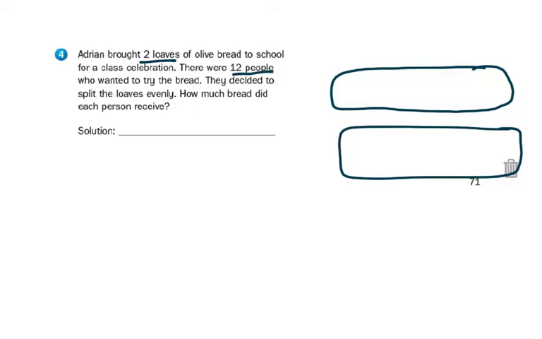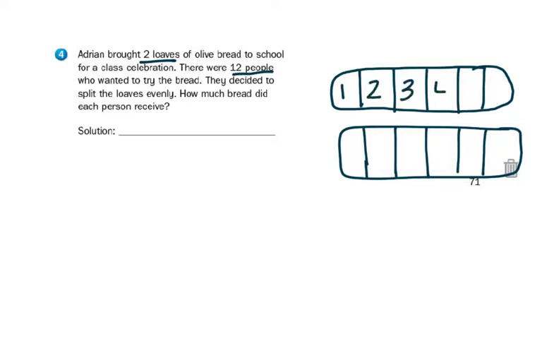So if I divide the first one into 6 and the second one into 6, 6 plus 6 is 12. So 1, 2, 3, 4, 5 lines gives me 6 equal pieces. 1, 2, 3, 4, 5. So let's number them. First person, second. Do this with me.